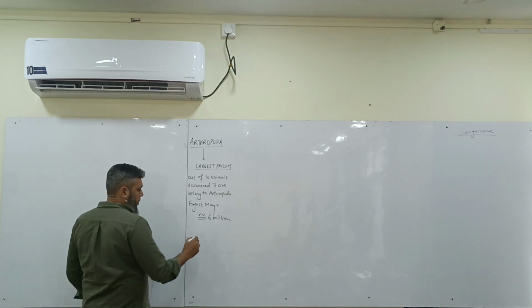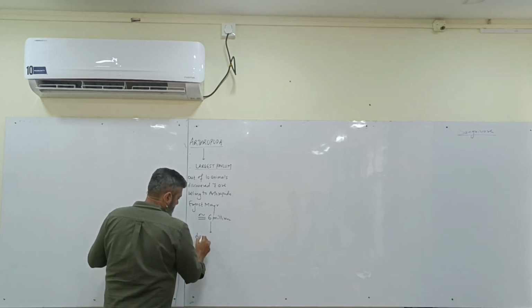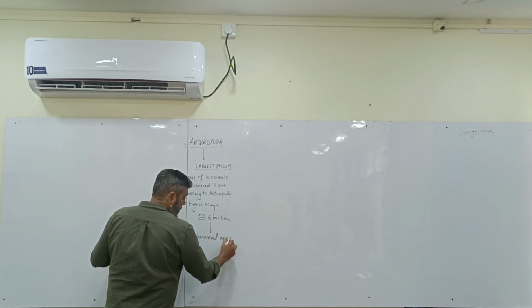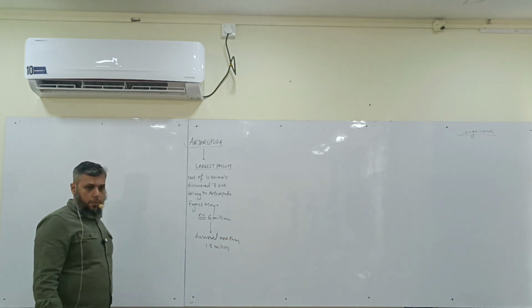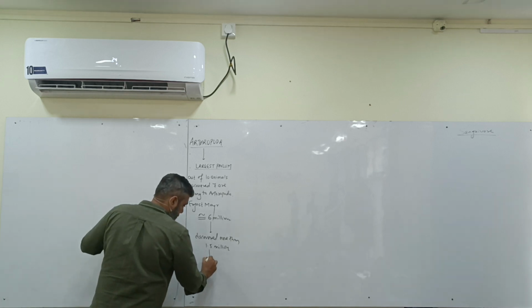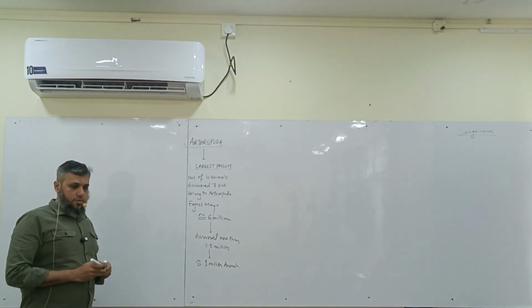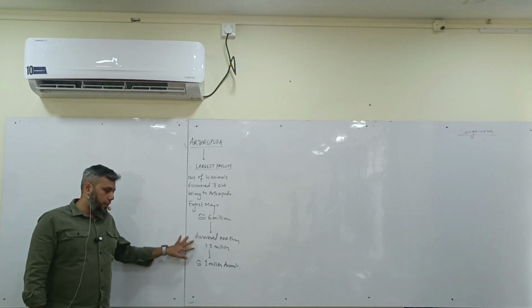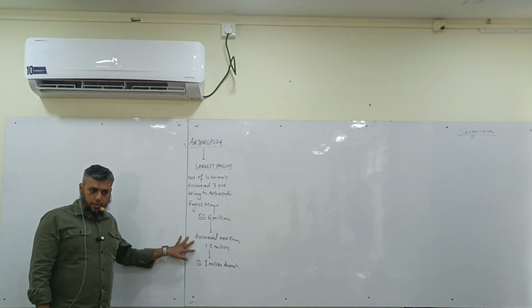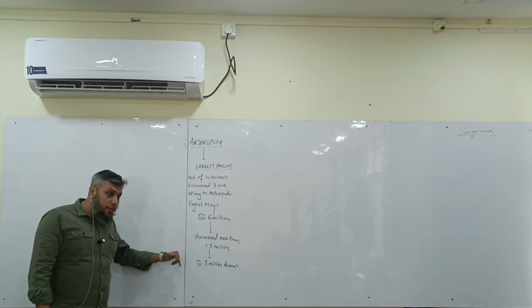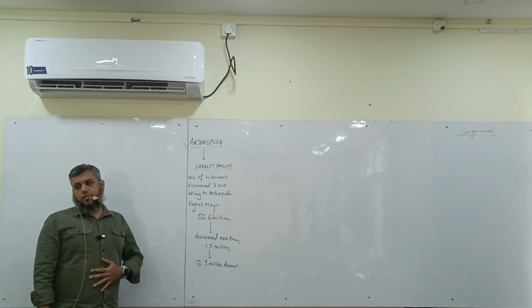And till now, we have discovered slightly more than 1.5 million, out of which 1 million or so are animals. Now get the numbers. Till now we have discovered slightly more than 1.5 million, out of which almost 1 million are animals, and out of that 1 million, every 10 in 7 are insects.